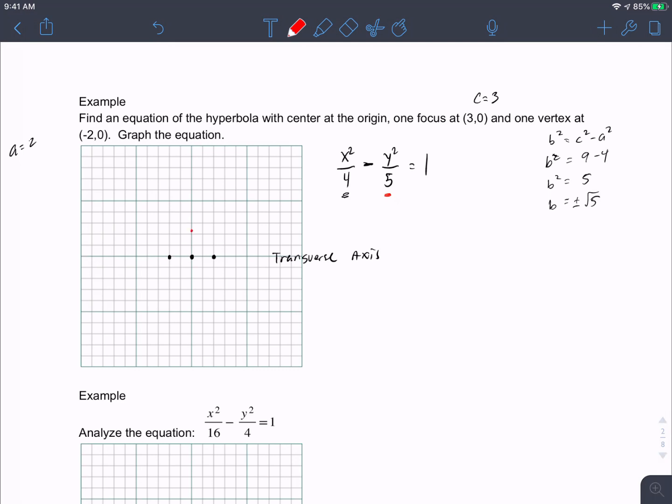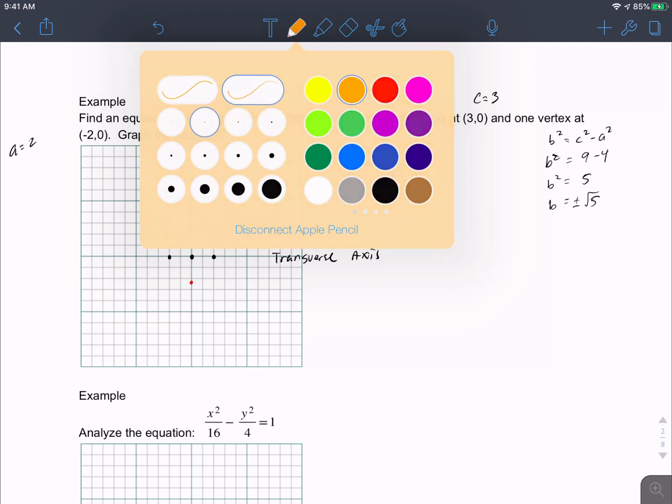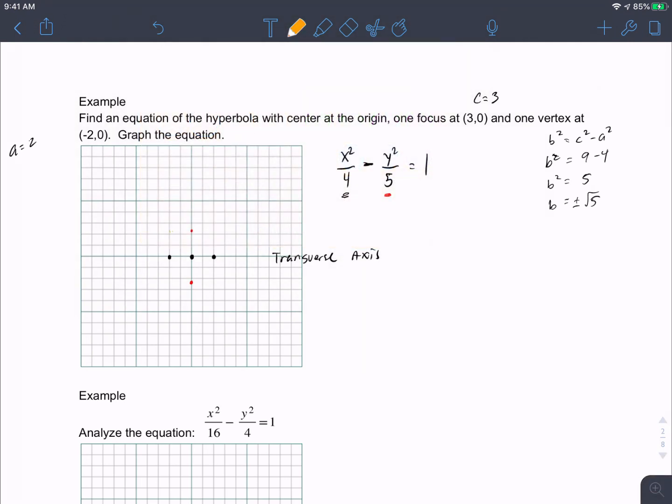That's going to be right about here and here, and that's going to be the distance from the center for the conjugate. So if we create a box along these 4 points, the vertices along the transverse and the conjugate y values, we end up forming this box.